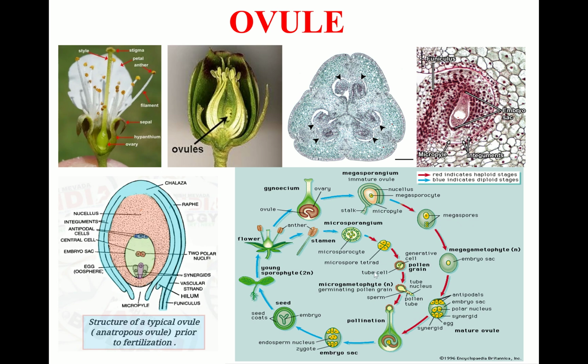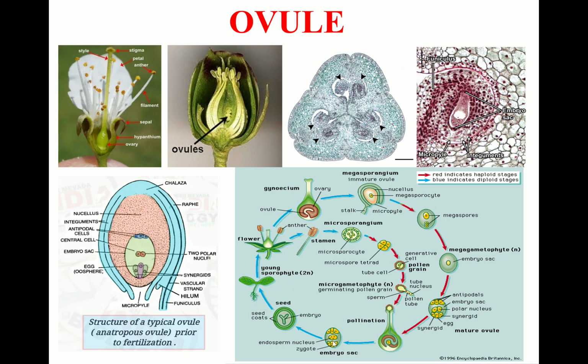So the whole pollen grains will be shed onto this sticky portion of the gynoecium, that is the stigma. So the pollen grains will stick onto the stigma and form a pollen tube. And from the pollen tube, one male gamete will be transferred to the egg cell and another male gamete will be transferred to the two polar nuclei.